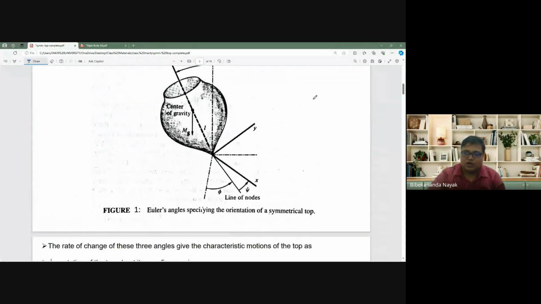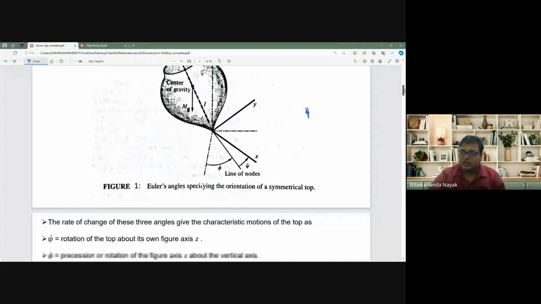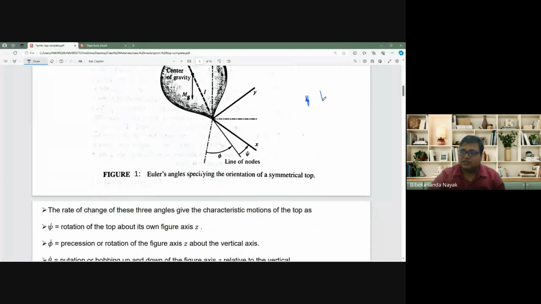When you see a top moving, it is bobbing up and down. And precession means the axis is moving around, precessing.